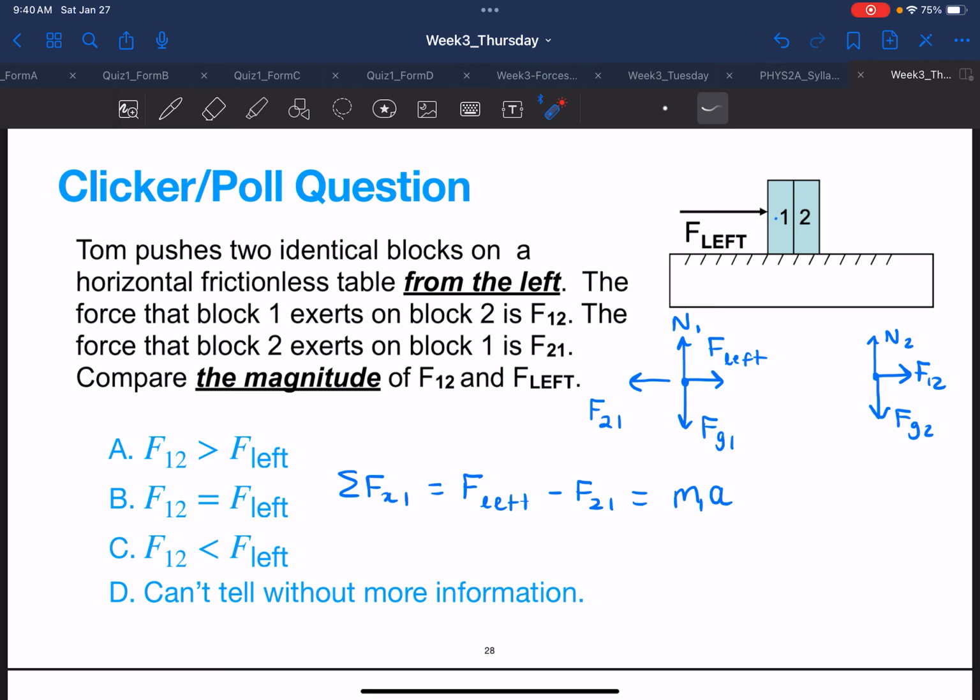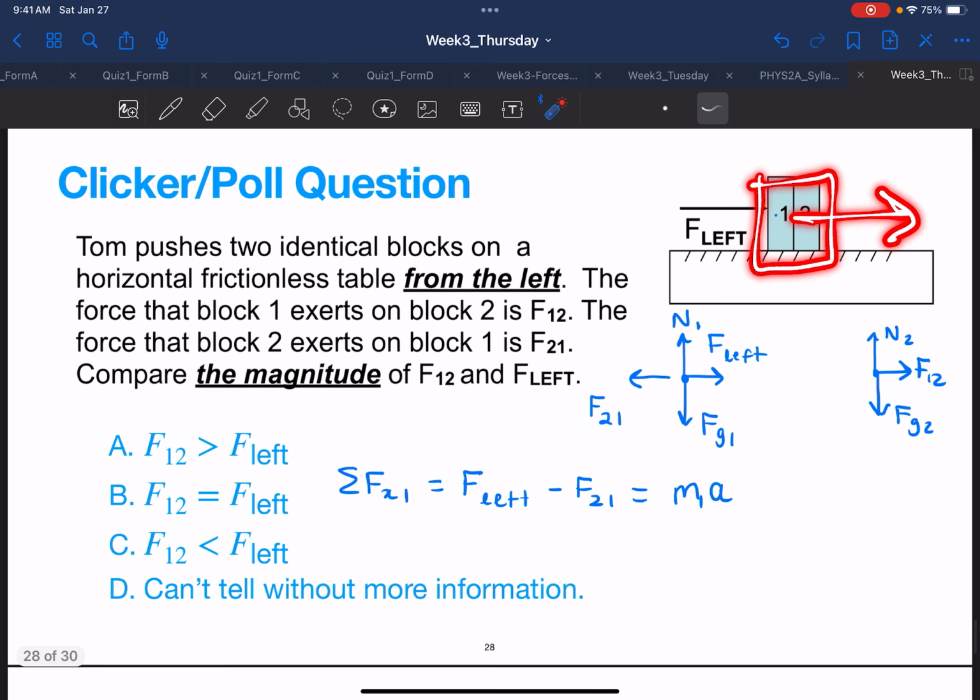Well, if these blocks are being pushed to the right and have some acceleration in this direction, in that case, F21 actually has to be less than the force that we're pushing with so that the system can accelerate to the right.